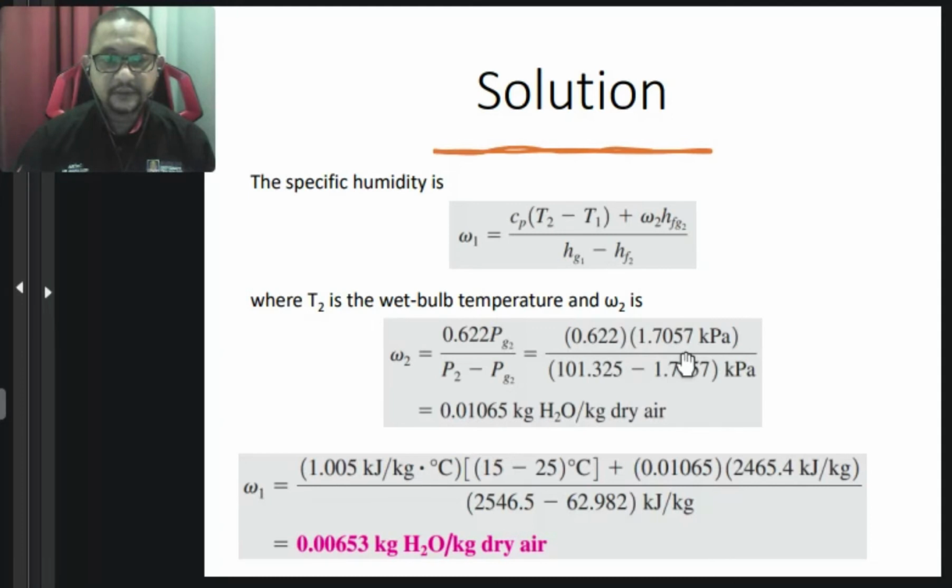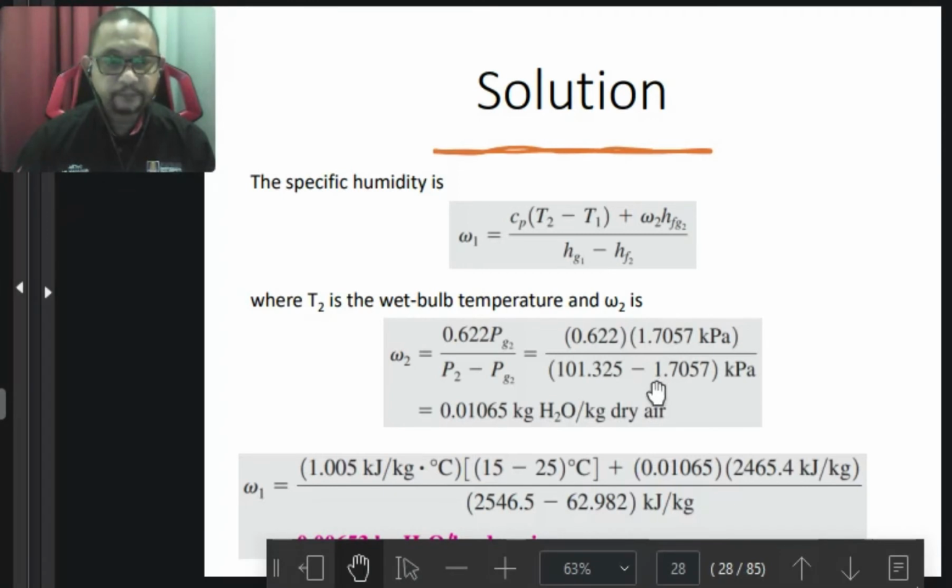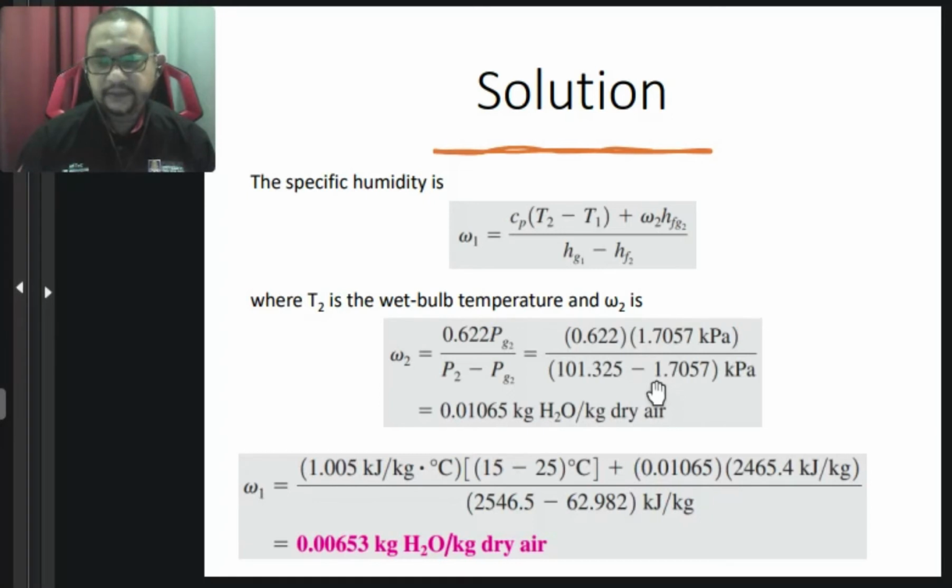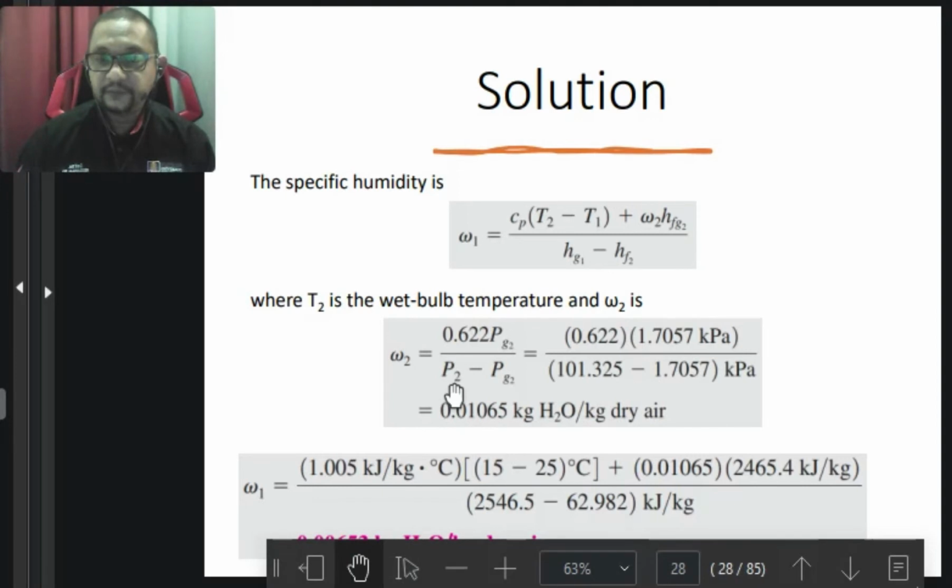Pg2 is the saturated pressure of water at 15 degrees Celsius, and P2 is the total pressure.